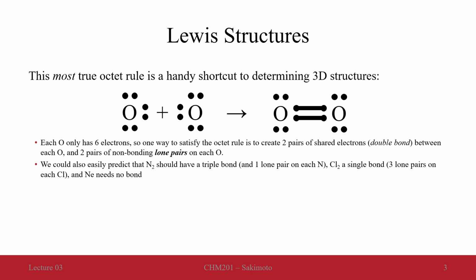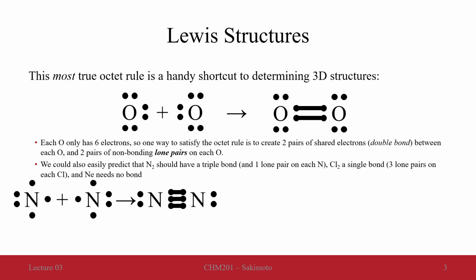We'd also be able to use this idea to show that nitrogen, N2, the form of nitrogen gas that makes up 80-something percent of our air, is really coming from the fact that each nitrogen is going to have 5 electrons that it can call its own.